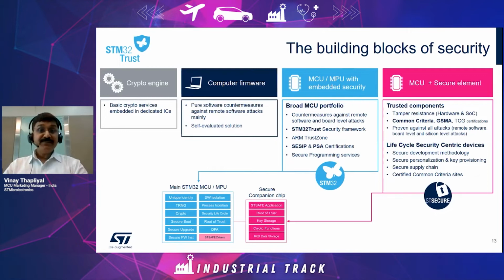Third, MCU and MPU with embedded security. You should consider a broad MCU platform which can offer features like countermeasures against remote software and board-level attacks, should have a security framework like STM32 Trust, the possibility to use TrustZone architecture, which comes from ARM, assurance levels like SESIP and PSA certifications, and secure programming services.